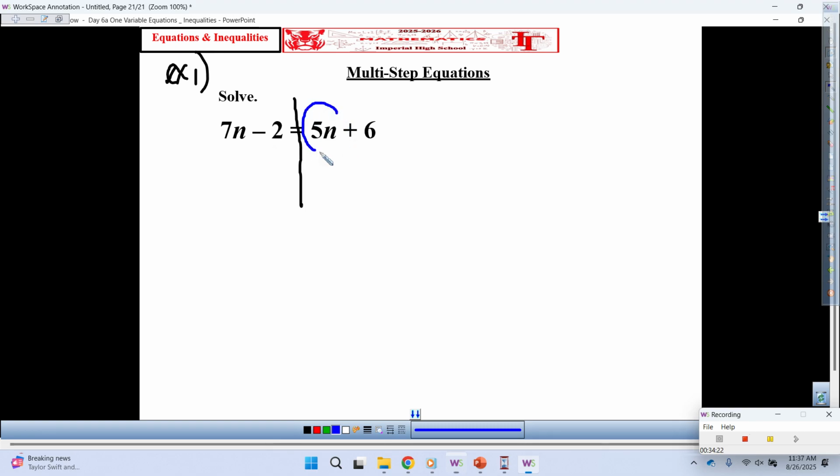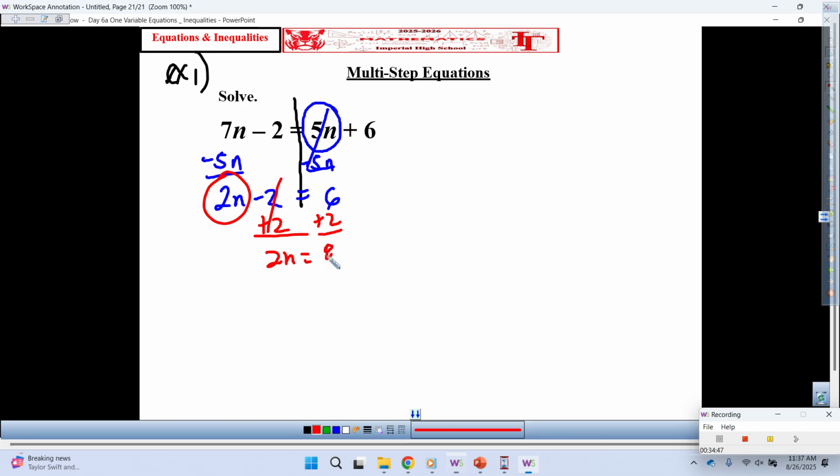I like to start with the smallest one, which is 5. What is the opposite of a positive 5n? -5n to both sides. We're left with 2n minus 2 equals 6. We need to leave n by itself, so I need to get rid of the -2, so plus 2 plus 2. 2n equals 8. Divide by 2. N equals 4.